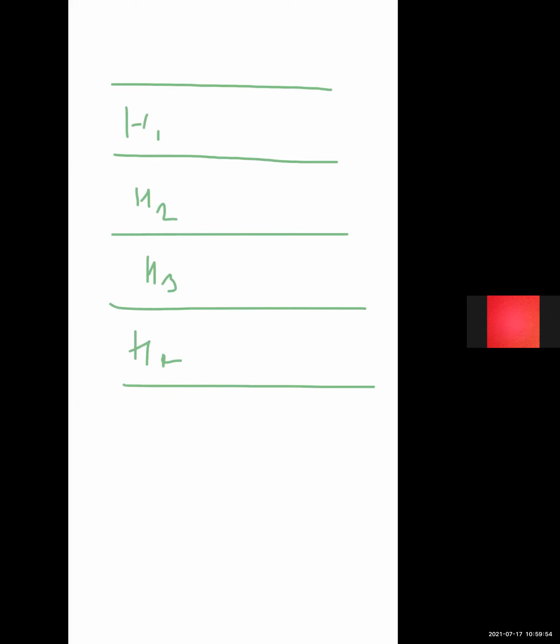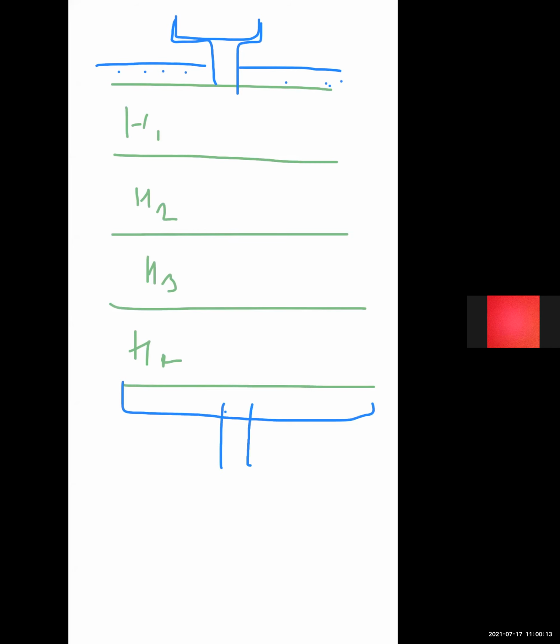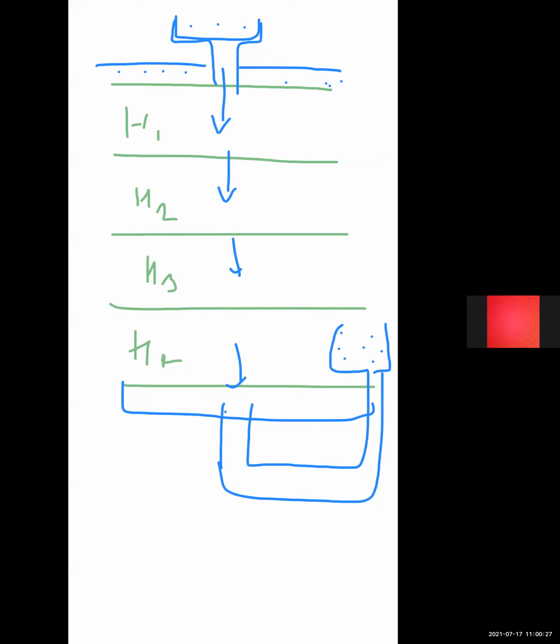That means the head difference is something here. Flow is coming from this direction. So the head difference from the first layer to the fourth layer we can find by piezometric head.